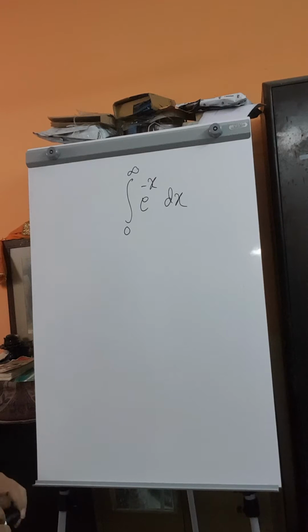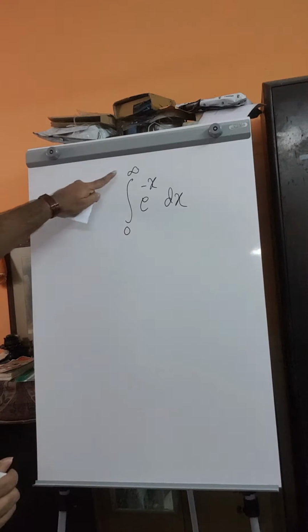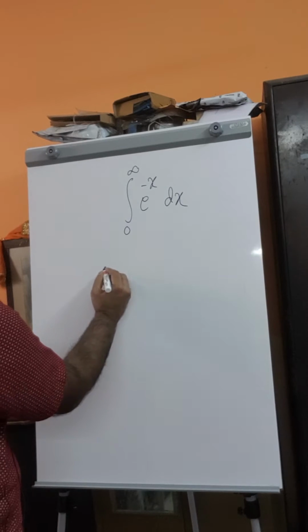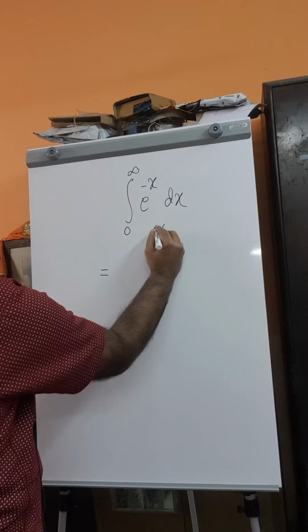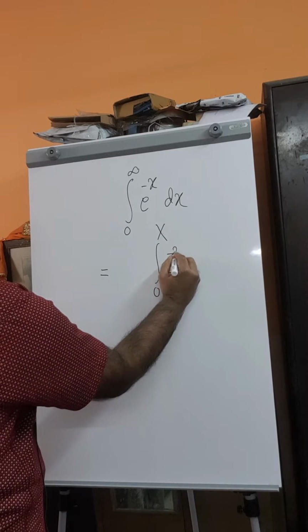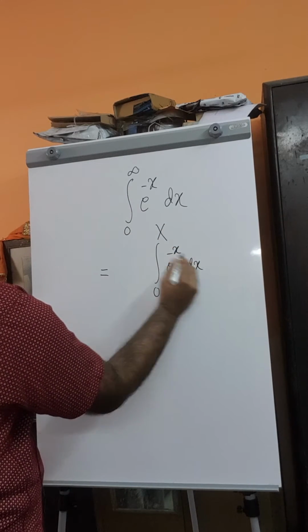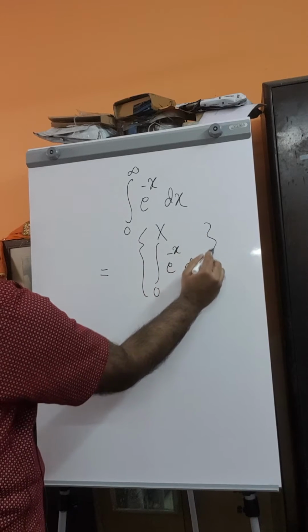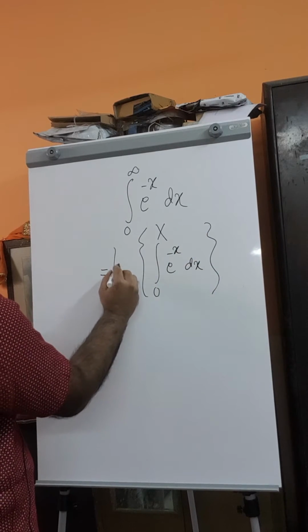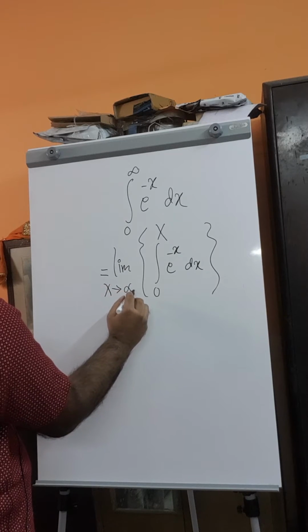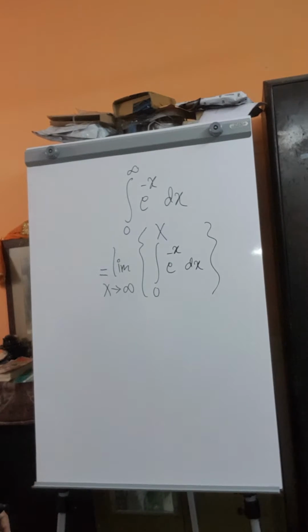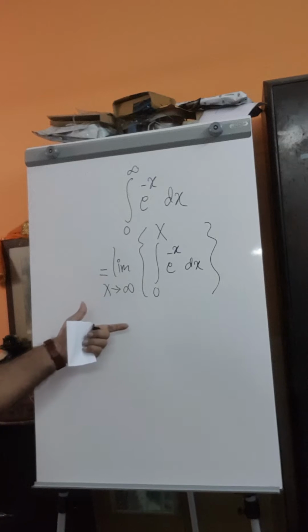So to evaluate such an integral, we replace the upper limit by capital X as we discussed in my previous video. So this becomes integral 0 to capital X e to the power minus x dx, and we take the limit over this integral as capital X tends to plus infinity. You can watch my previous video about the method of evaluation of such integrals.